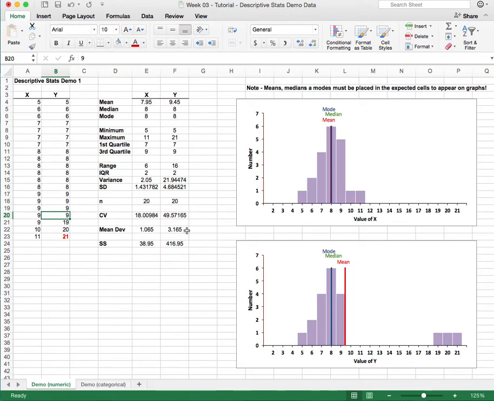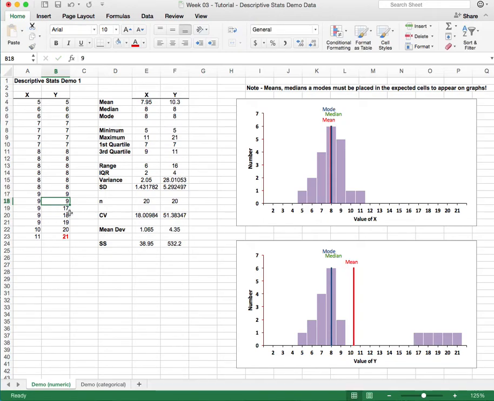Here you see the mean deviation is starting to increase, but we still haven't seen a change in interquartile range. Median and mode are still exactly the same. Okay, so we're just going to keep changing, keep making this distribution more and more non-normal.